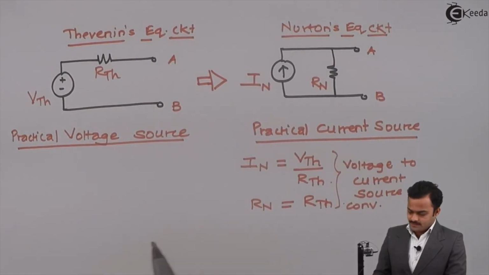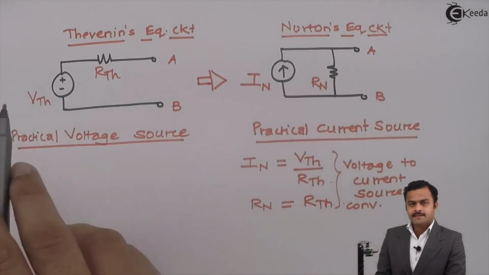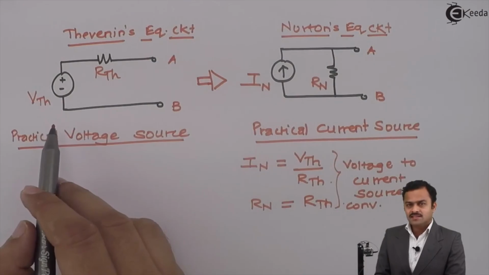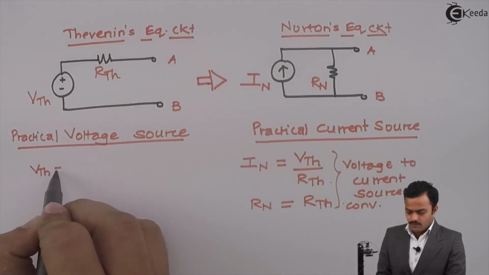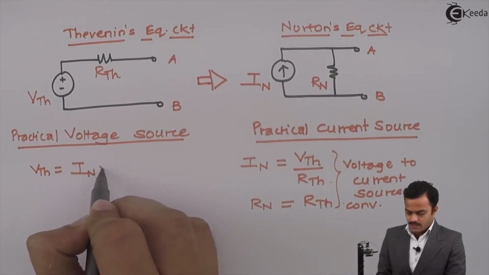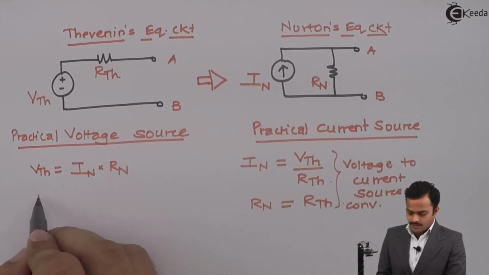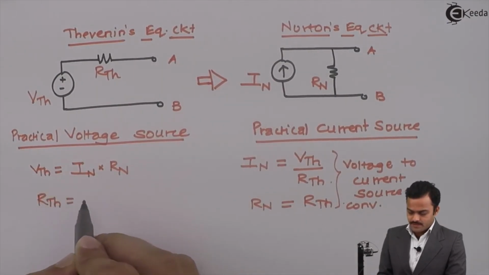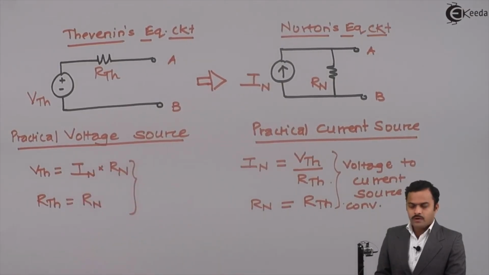Now next, suppose I know the practical current source. I can get an equivalent voltage source, which is a Thevenin's equivalent circuit, and for that VTH is calculated as IN multiplied by RN, and RTH will be the same as RN. What is this?